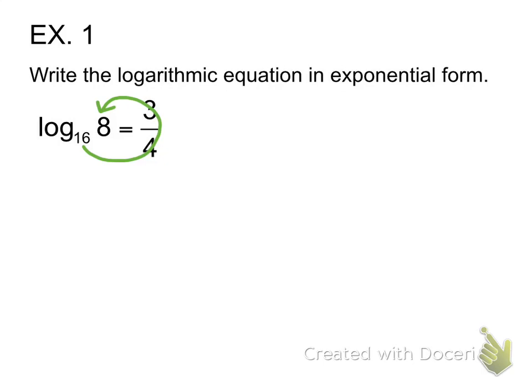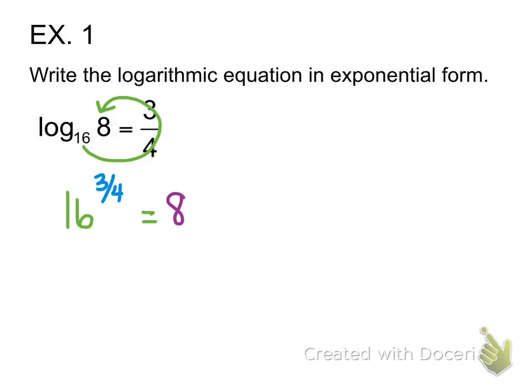You go around to the other side of the equal sign and then back to the exponent. All this does is tell me what goes where when I write the exponential equation. I start with the 16, raised to the 3/4 power equals 8. So 16 to the 3/4 power equals 8 is the same as log base 16 of 8 equal to 3/4.